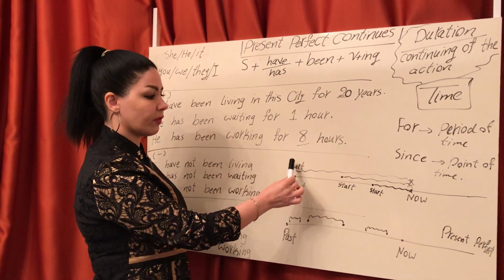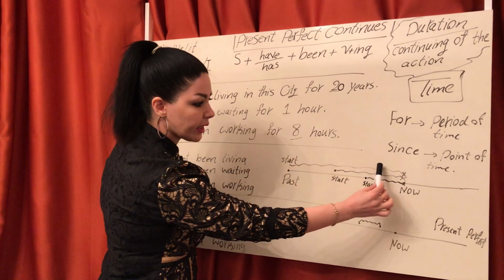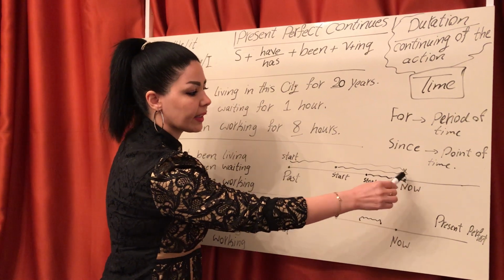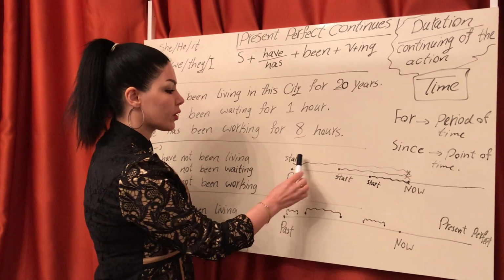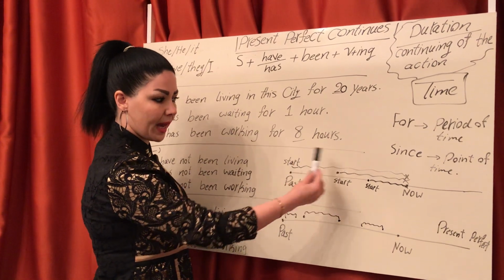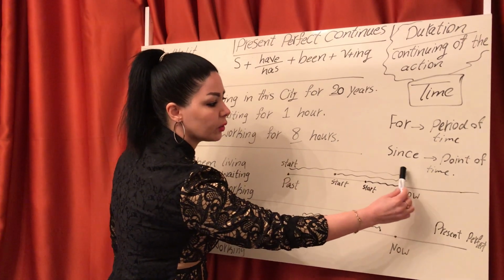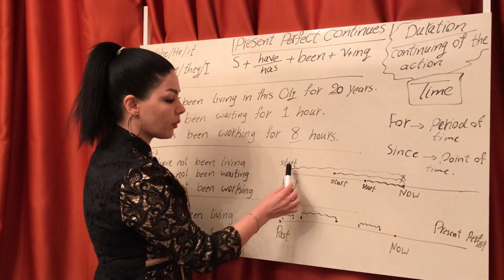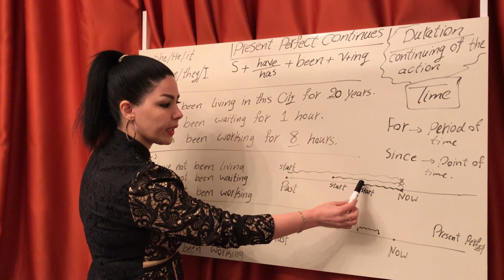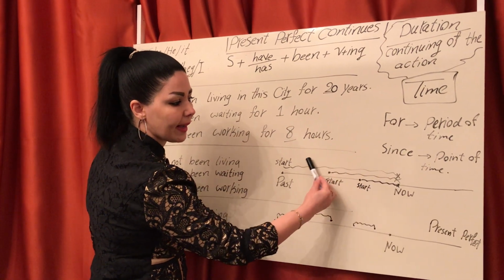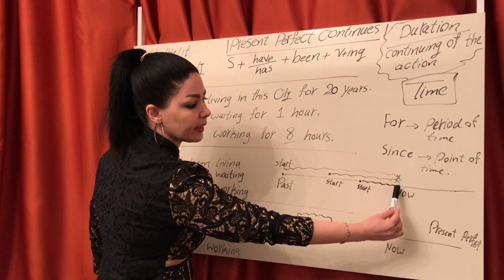I have been living in this city. It means now I am living here. Okay, so started in the past and continue until now. Maybe started here, maybe here, maybe here, but start in the past and continue until now.